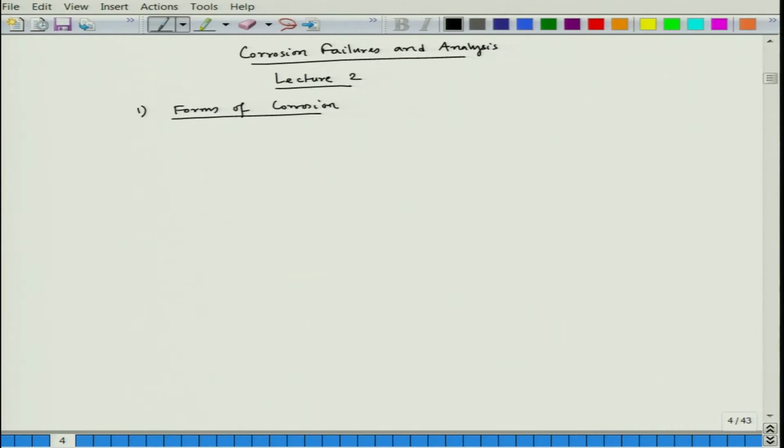Now, as we saw in the last lecture, there is a relation between corrosion and the materials tetrahedron.